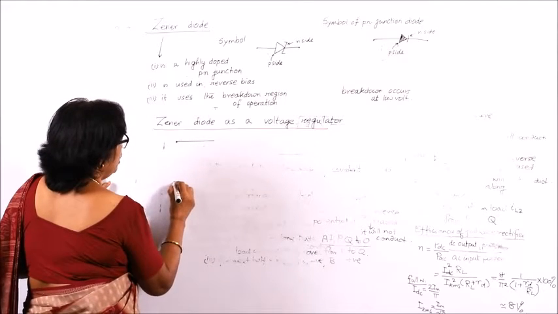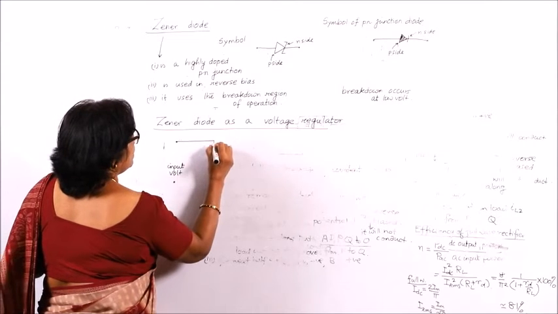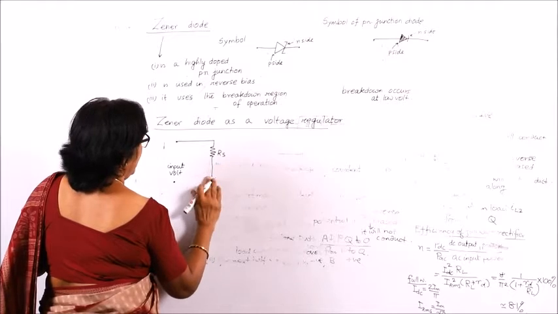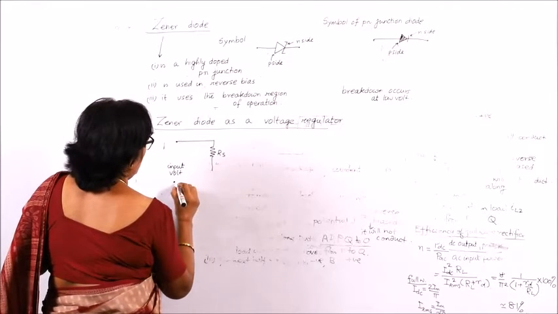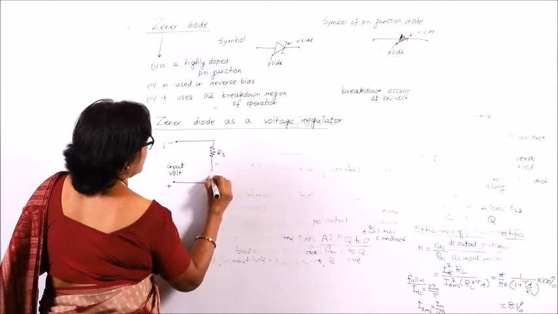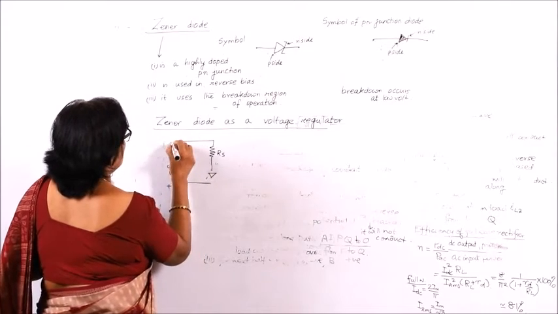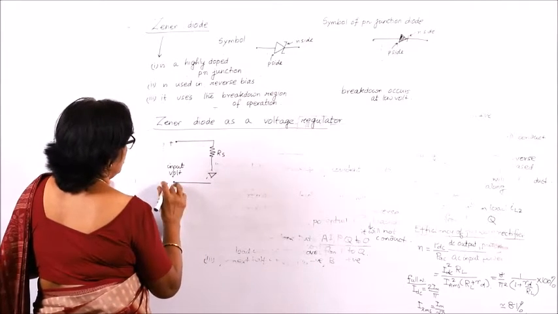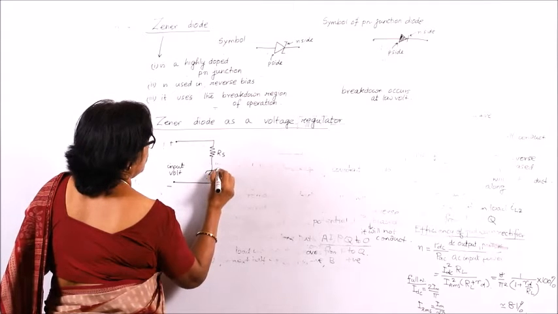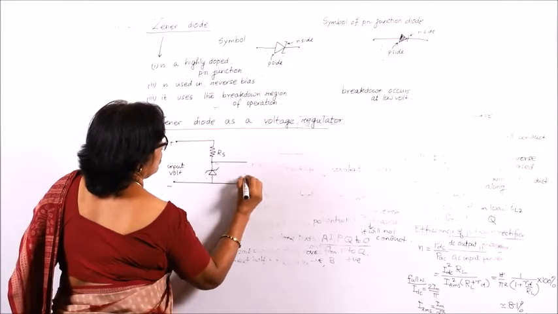Suppose this is your input voltage, connect a resistance and a Zener. If this is positive, this is negative, the positive side will be connected to the negative of the Zener, like this, and from here you connect the output.